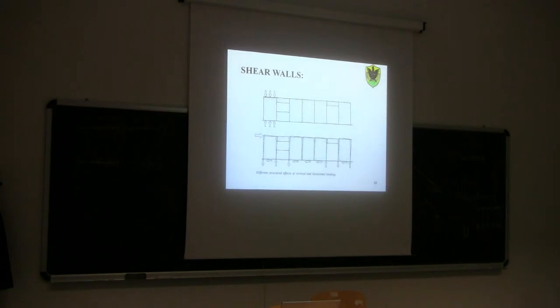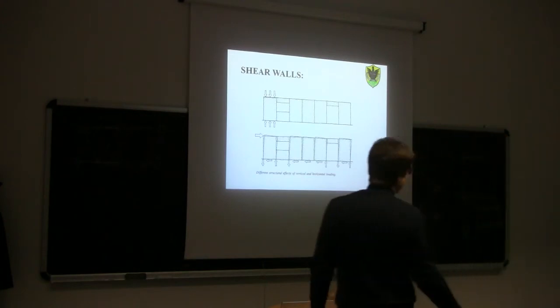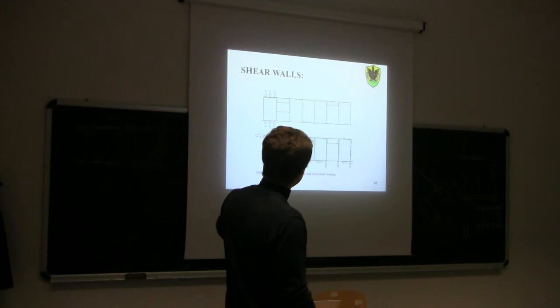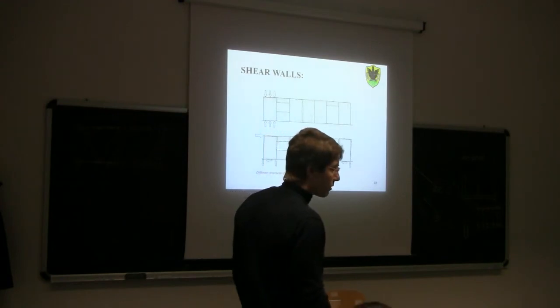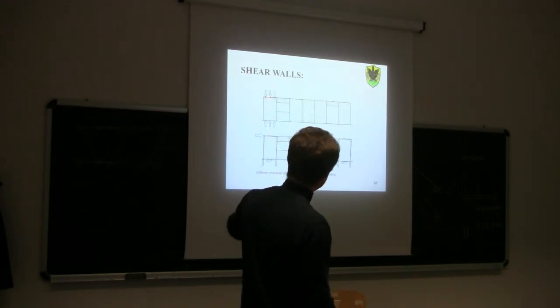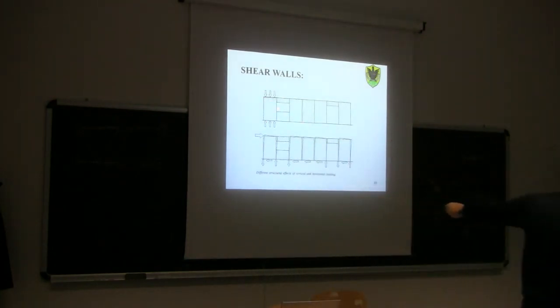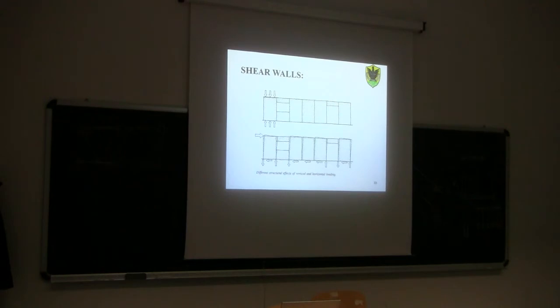Now, thinking about the static behavior of those walls, there is a significant difference between the behavior of the wall under gravity load and the behavior of the walls under horizontal load. In terms of resistance to vertical load, if we apply a vertical load on one wall, only the wall underneath the vertical load will react.